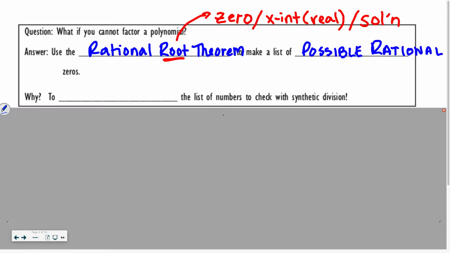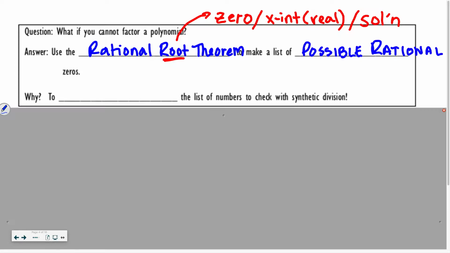Now, you could also sometimes write it as a decimal as long as it terminates or repeats, right? But I would argue it's just some number that we could write as a fraction. So this means if we're making a list of things that could be zeros that are rational, there are some things that are not on the list. Do you agree with that? There are no imaginary solutions on the list. There are no irrational solutions on the list. So just be aware of that.